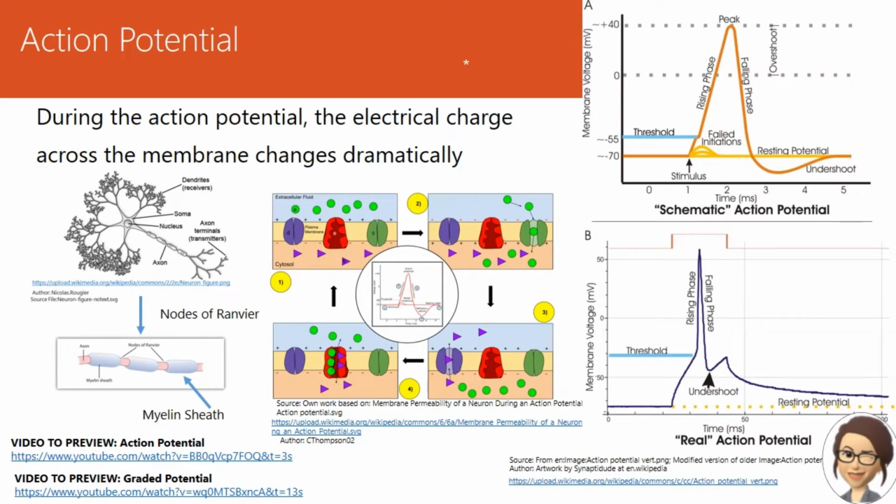Now we're talking about the action potential. When the segment of the axon that is closest to the cell body is stimulated by electrical signals from the dendrites, and if this electrical signal is strong enough that it passes a certain level or threshold, the cell membrane in this first segment opens its gate, allowing positively charged sodium ions that were previously kept out to enter.